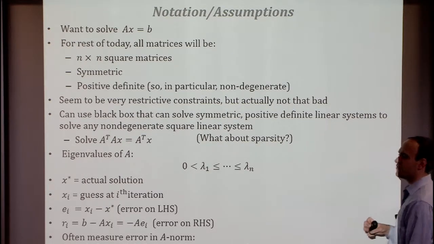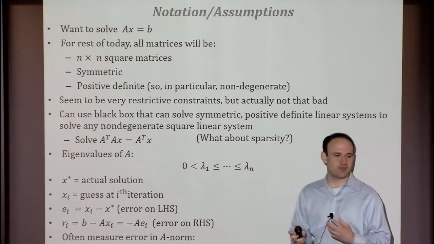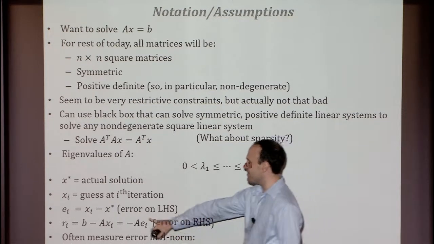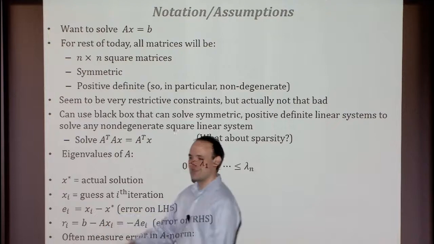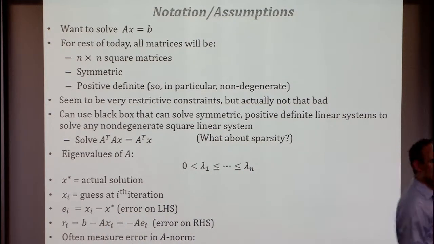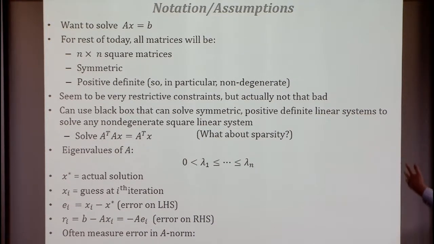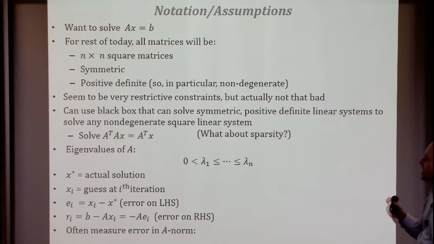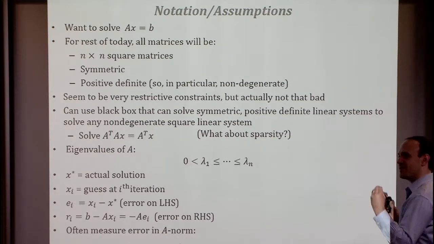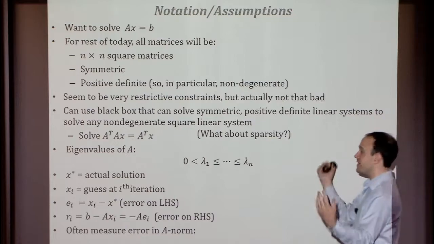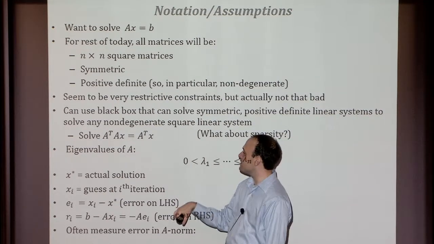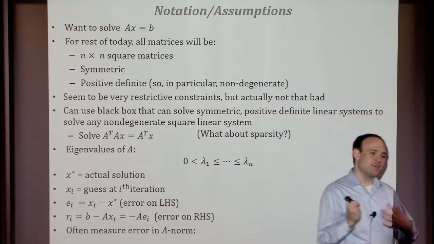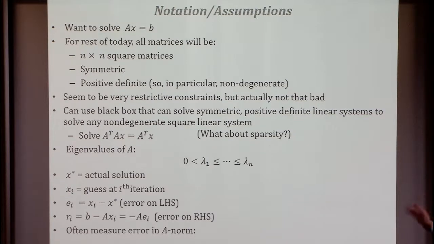OK, so the other thing I should say now that will surface later is that there's a right norm to measure your error. Measuring your error in the general L2 norm on x isn't really the right thing to do, because if A has very widely different eigenvalues, then changing x a little bit in one direction or another will make a very varying difference in the right-hand side. So instead, the natural norm to use is the A norm.